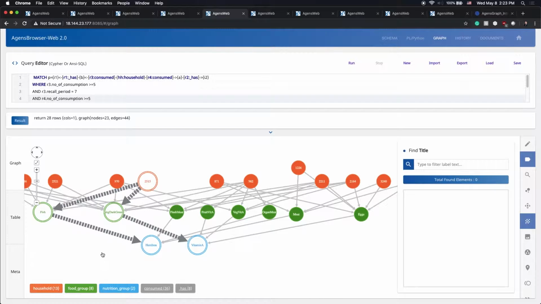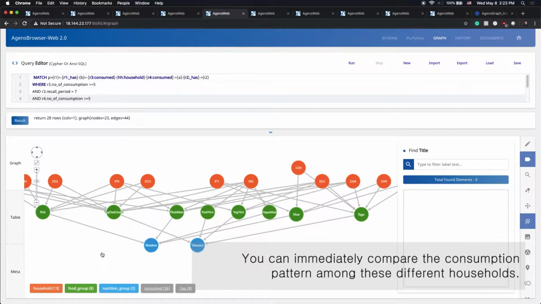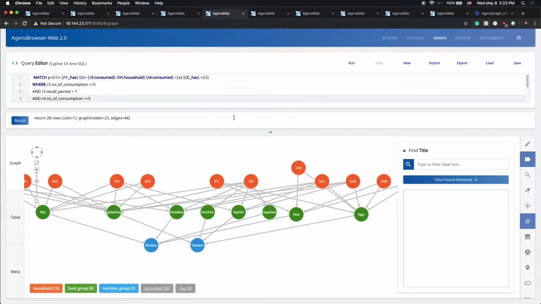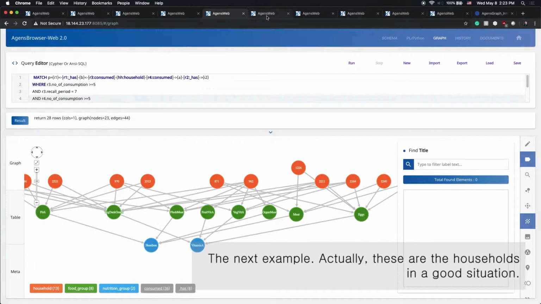So you can immediately compare the consumption patterns among these different households. These are the households in really great situations.